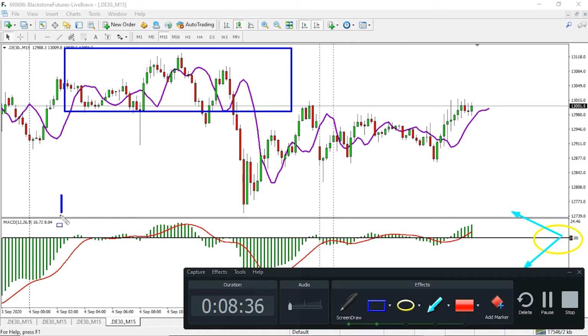Here we can see that price is above the waterline, and now we're waiting for one of two things. We are waiting for the green histogram to close below the red moving average. So all of these trading candles here, histogram is below.